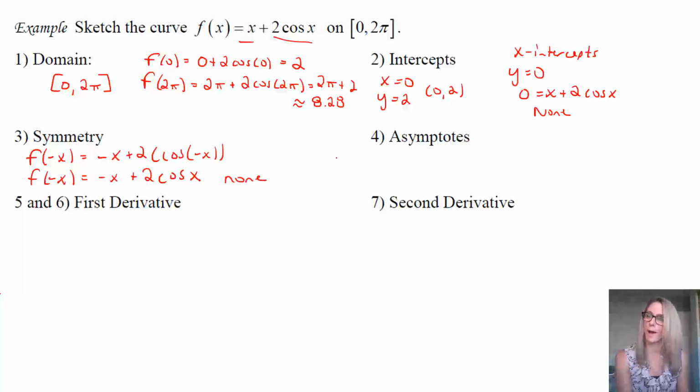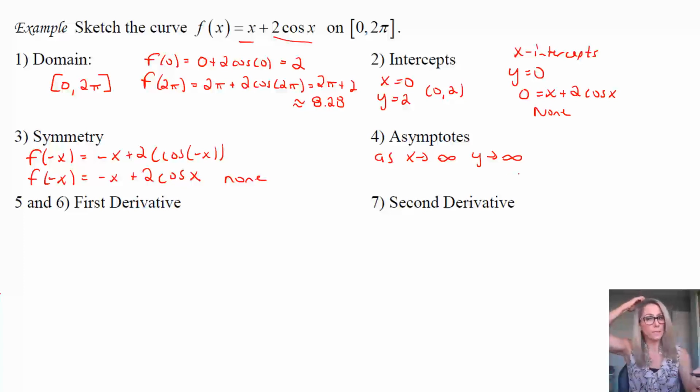In terms of asymptotes, we don't see any vertical asymptotes because x is continuous, cosine x is continuous, so the addition of these two things is still continuous, so no issues there. As x gets bigger, we know that y is going to get bigger eventually as well.